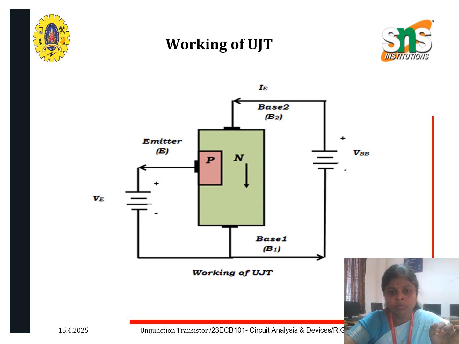In the N-type, base 2 is connected to the positive terminal and base 1 to the negative terminal. Across the P and N type, the emitter terminal is given the supply voltage VE, and across base 1 and base 2 the supply voltage is called VBB.